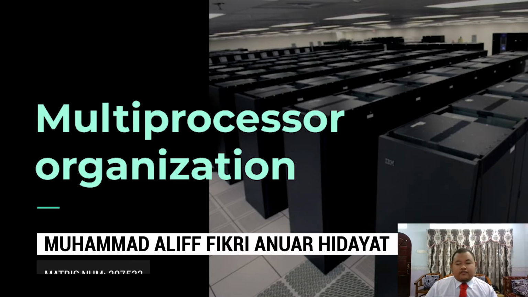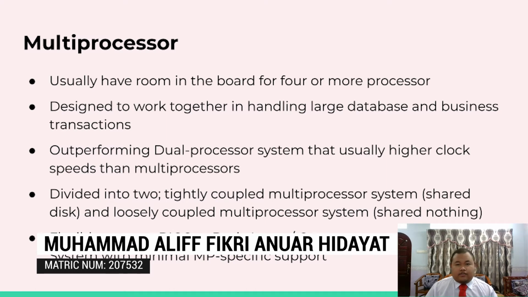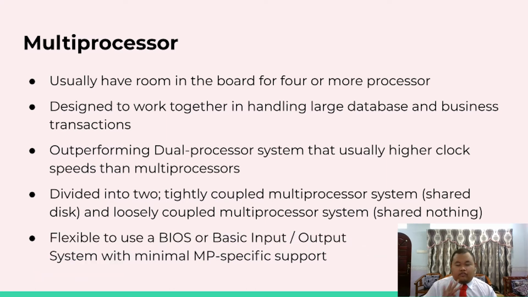I will continue with the general specification for multiprocessors. Multiprocessor systems usually have room on the board for 4 or more processors, although there is no minimum requirement. This is different from dual processor systems that are designed for use exclusively with dual processor motherboards.